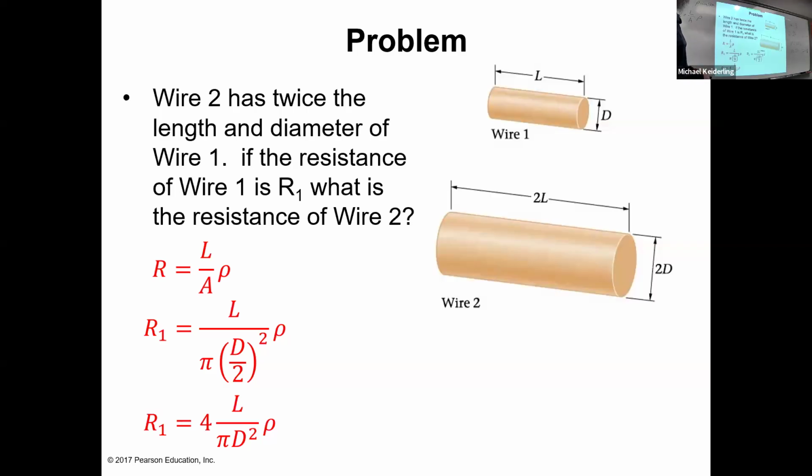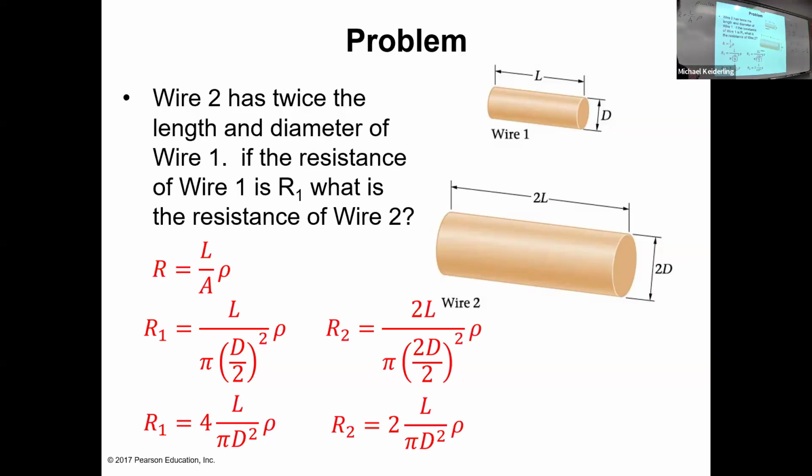Let's work out what resistance 2 is. Resistance 2 is going to be 2L over pi times 2d over 2 squared times resistivity, which is going to be 2 times length over pi 2d squared rho, where if we substitute in R1, we'll find that resistance 2 is half of R1.